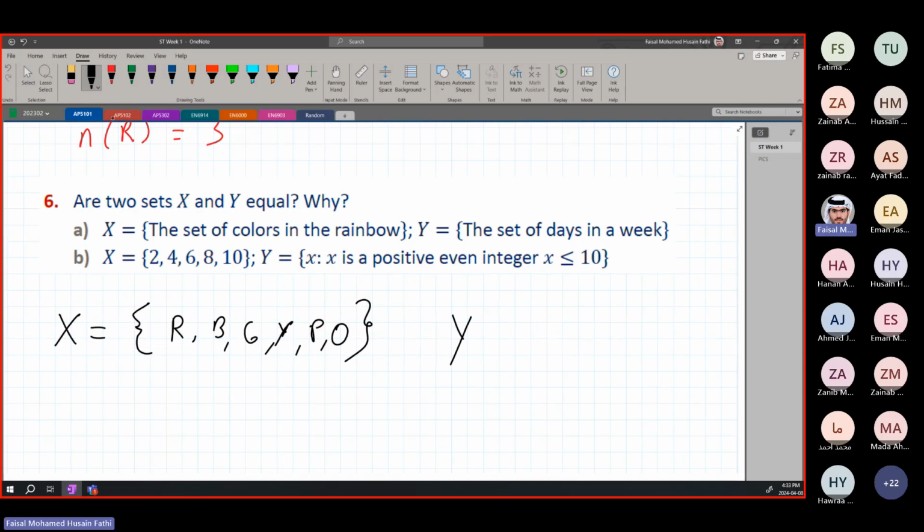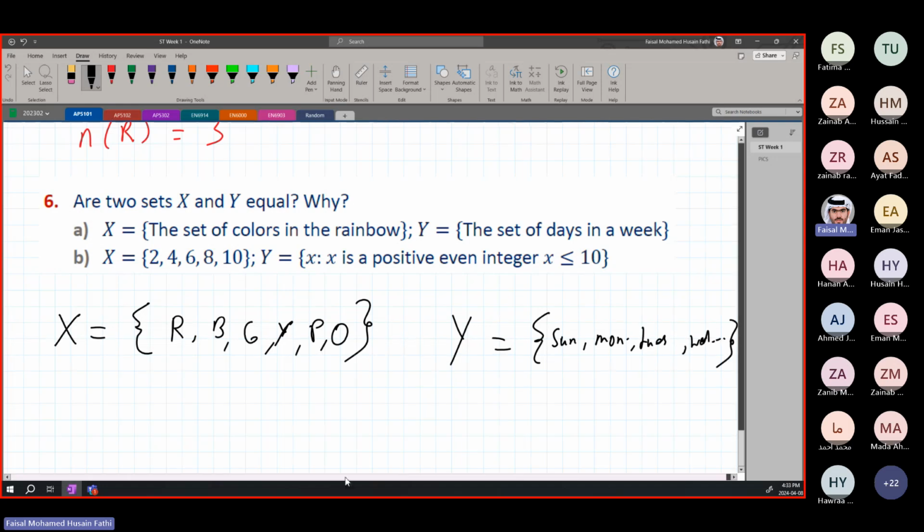And Y is the set of days in the week. So we have Sunday, Monday, Tuesday, Wednesday, Thursday, Friday, Saturday. All right? Obviously, these two are not equal sets. For them to be equal sets, they have to have the same exact elements in each.